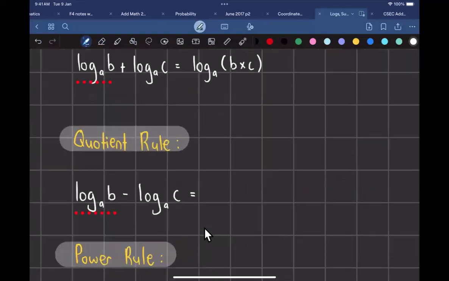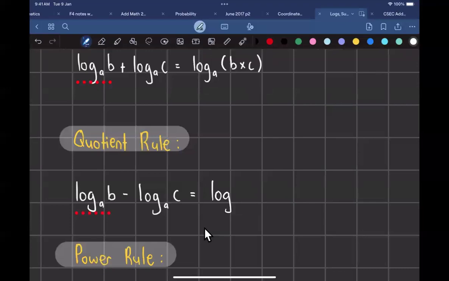So Kira, if a plus was multiply, then the minus sign is? If plus is multiply, divide. So tell me what to write. It will be log A of B over C. I'm gonna say two options and you tell me which one is correct.